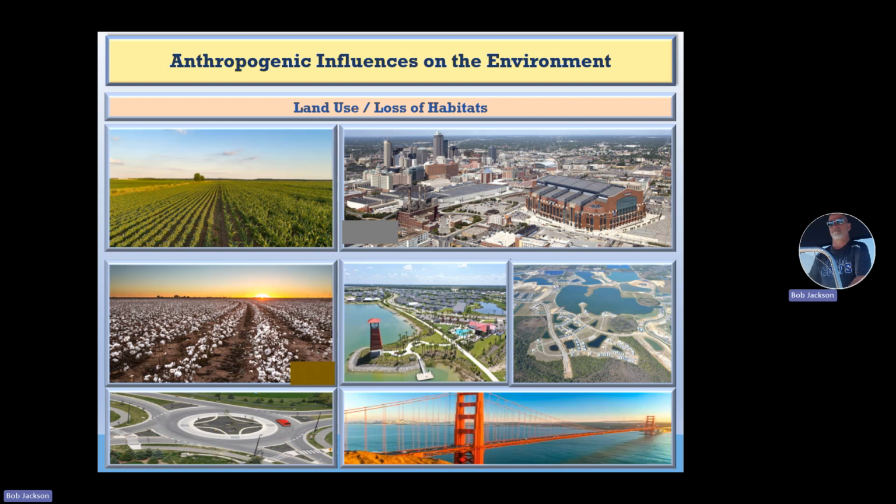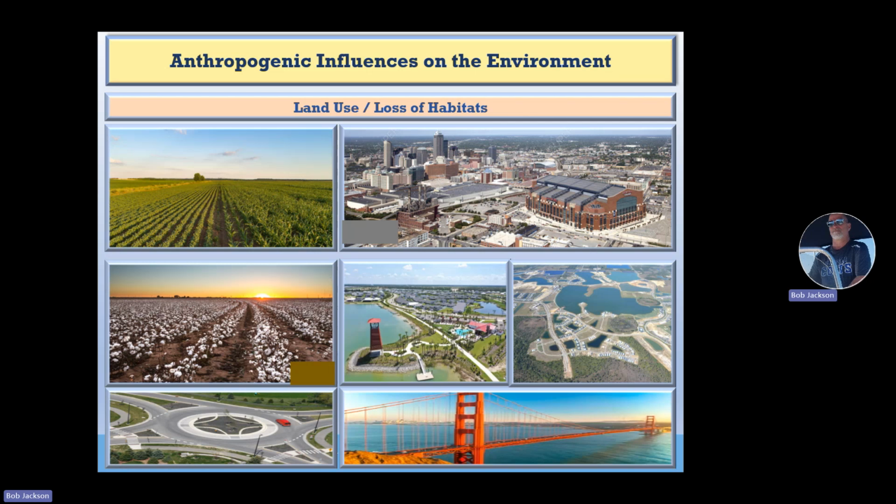Okay, other anthropogenic factors: here you're seeing farming, talking land use and how we've lost habitat. Like I said, you can have farms that are 10, 12,000 acres, and we've cleared a lot of Illinois.